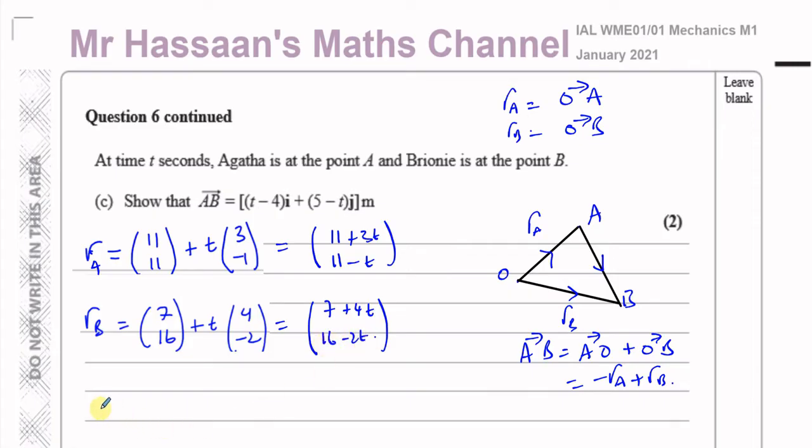I want to find the vector from A to B. So the vector from A to B is, as we've discussed, RB minus RA, which is this vector minus that vector.